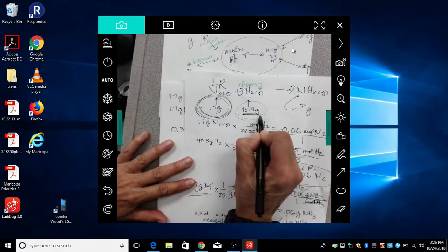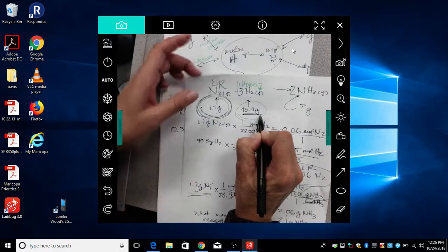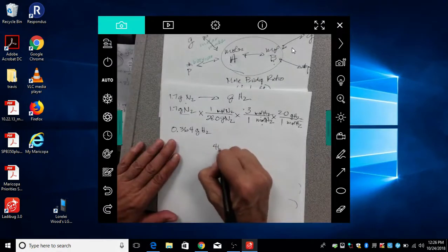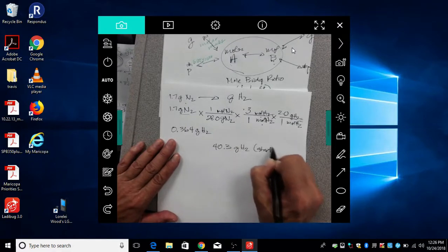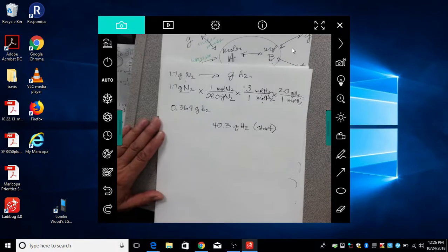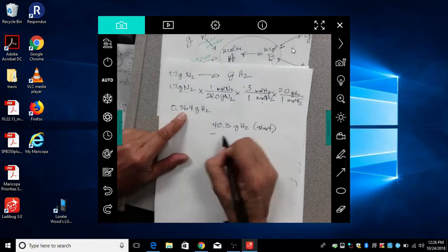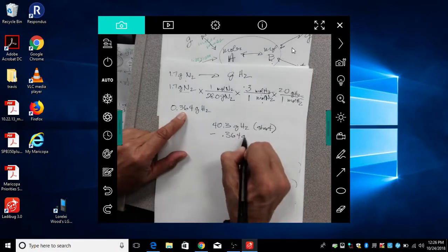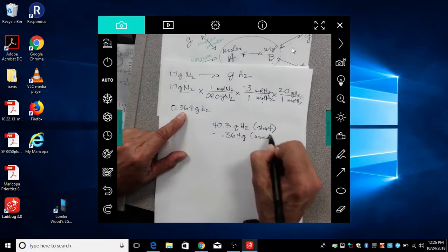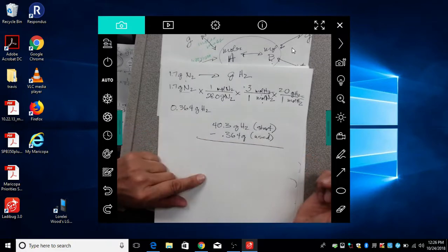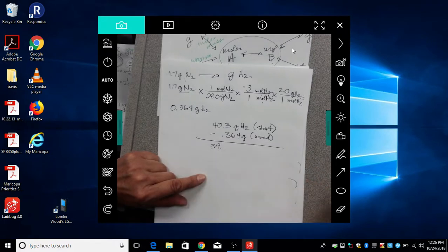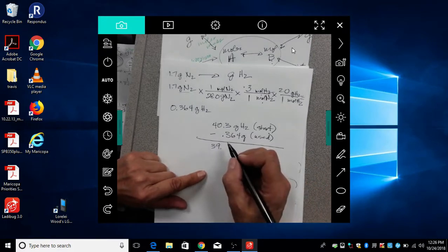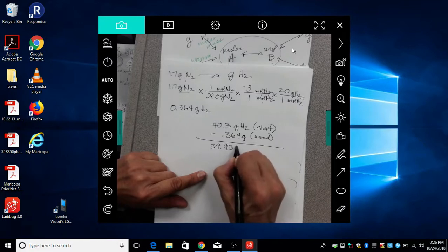Right, so there's what we started with, 40.3 grams of H2, and I'm going to label this at the start, so you can go back and double check, minus 0.364 grams was how much was used, which now gives us 39 and some change, I'll bet. 39 point what? 936.